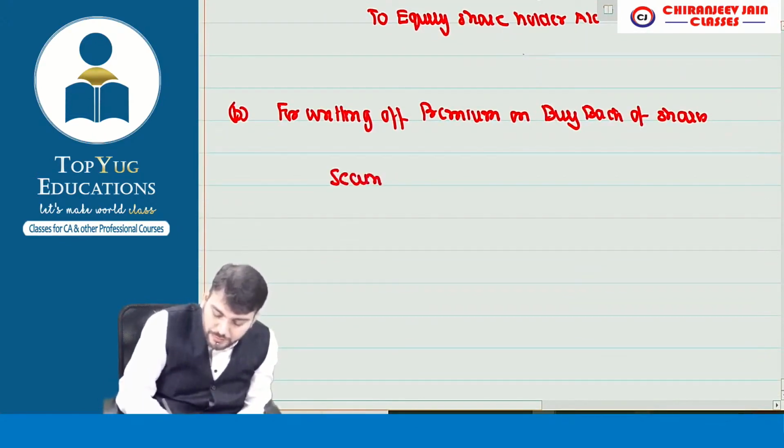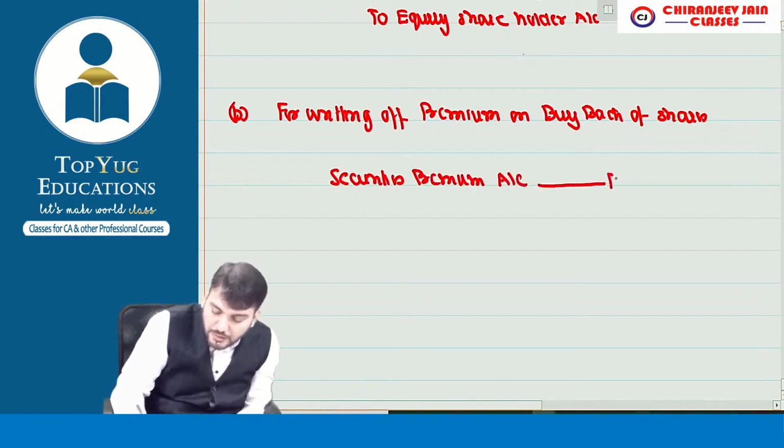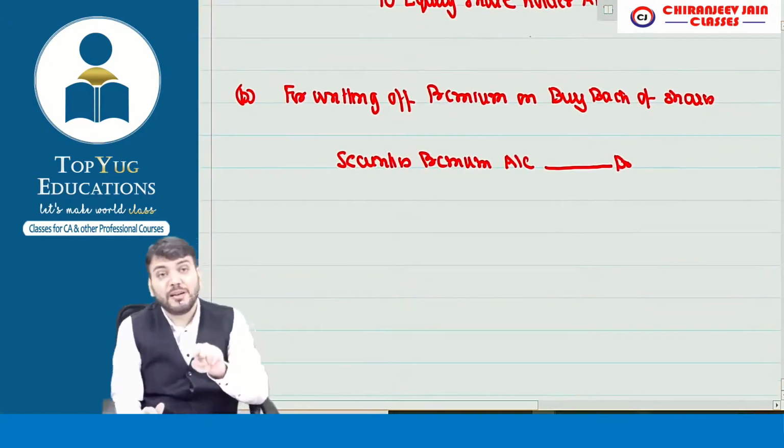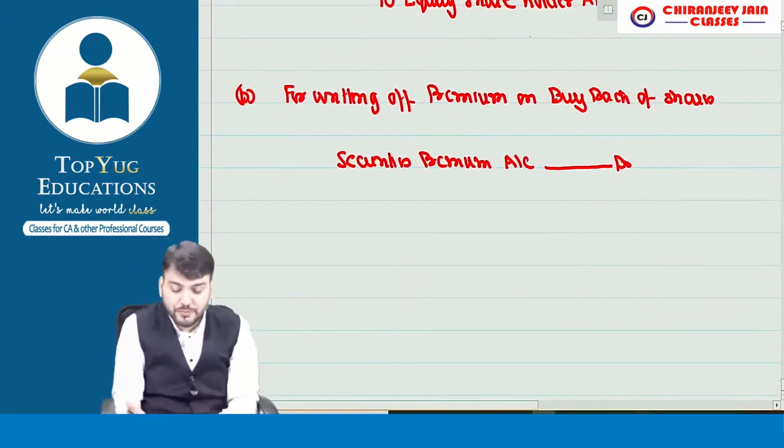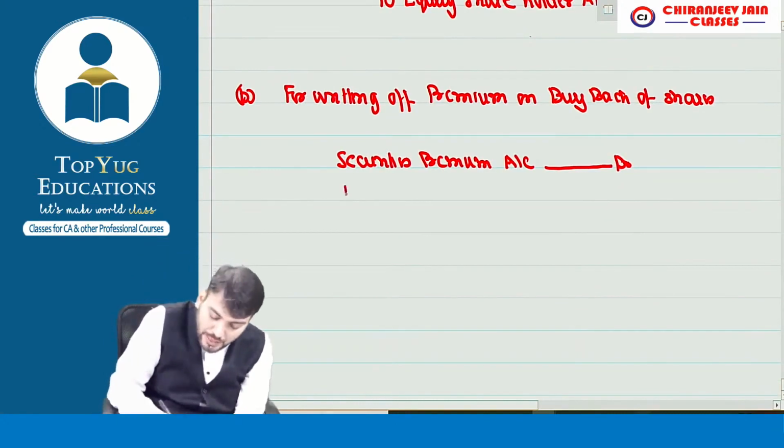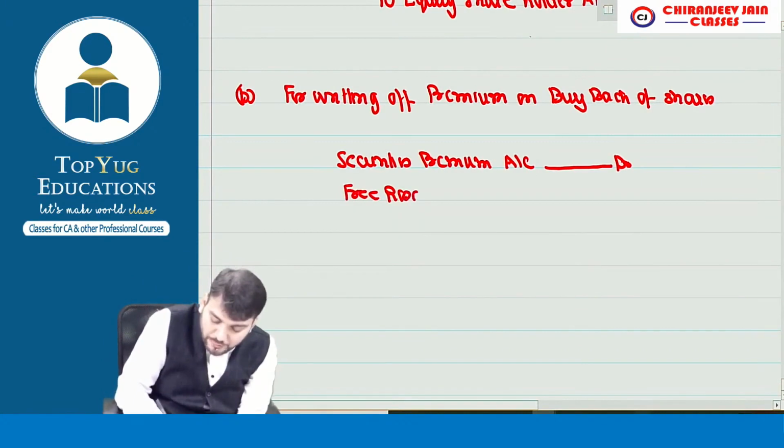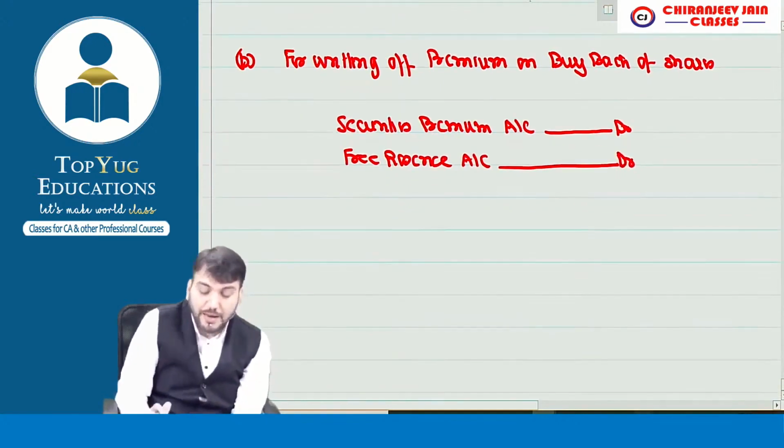Now we can use securities premium account debit, correct? The securities premium can be used to write off this. And if securities premium is not available, then we will use free reserve for writing off the premium on buyback.